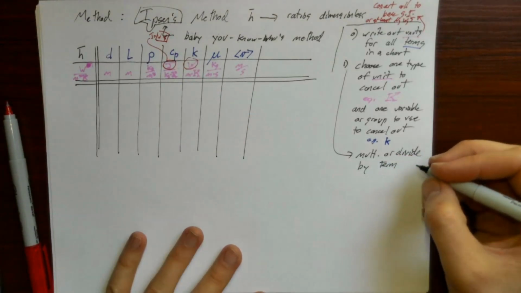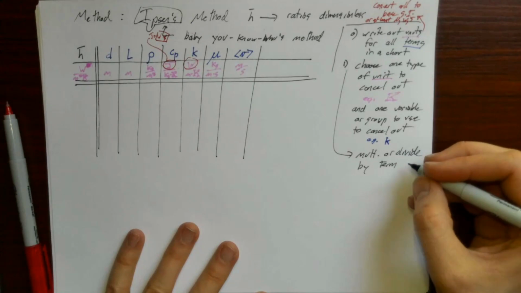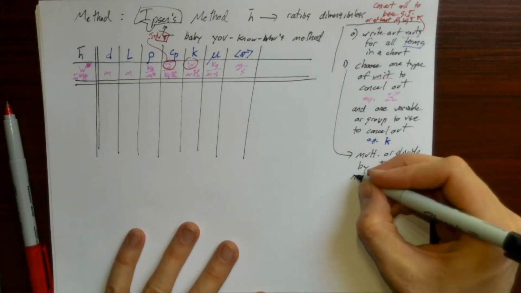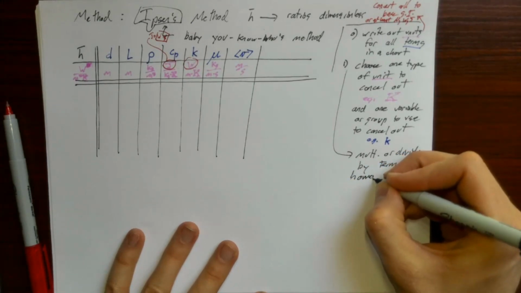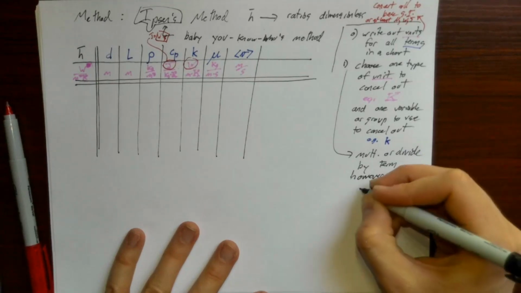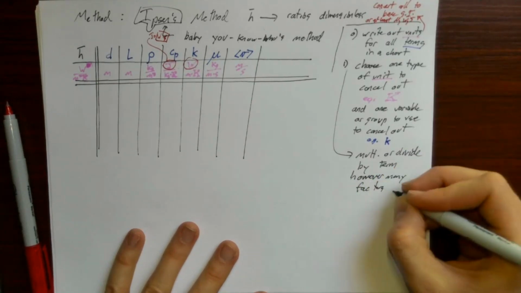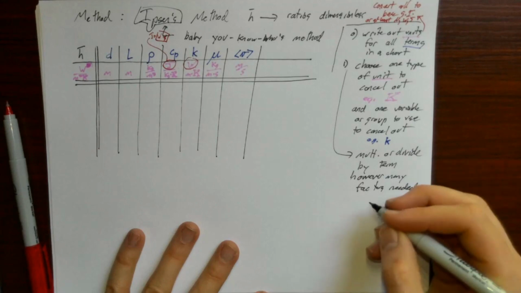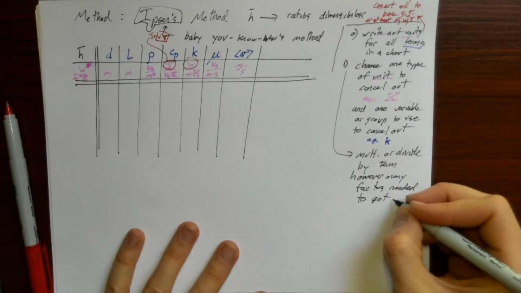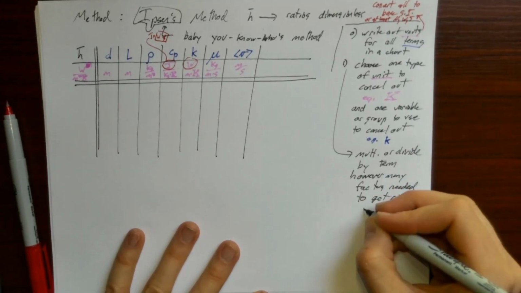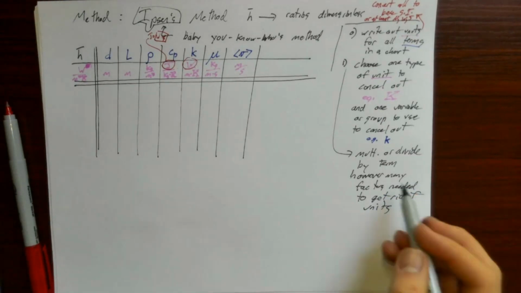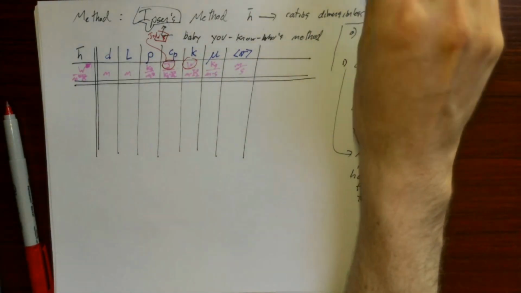Multiply or divide by the term, however many factors needed to get rid of those units.